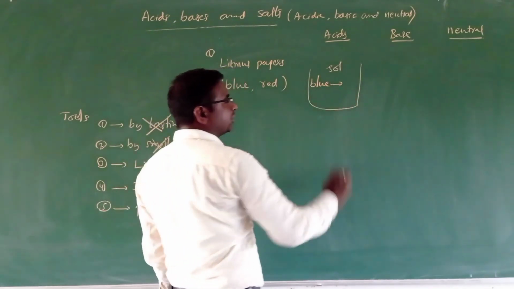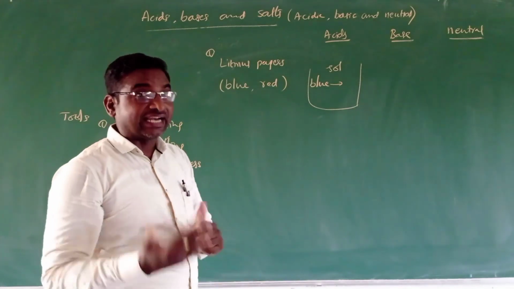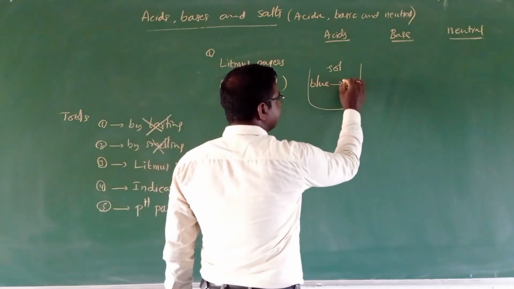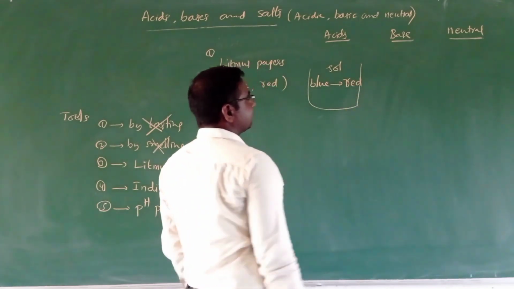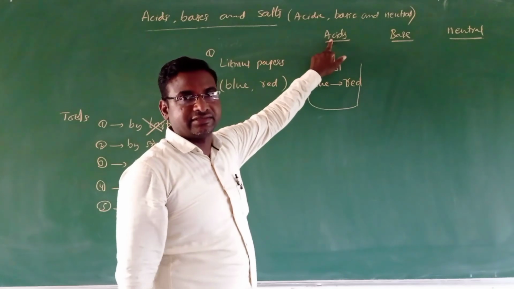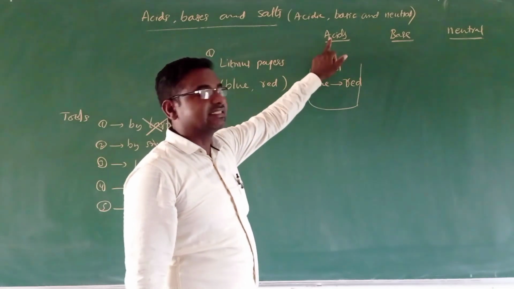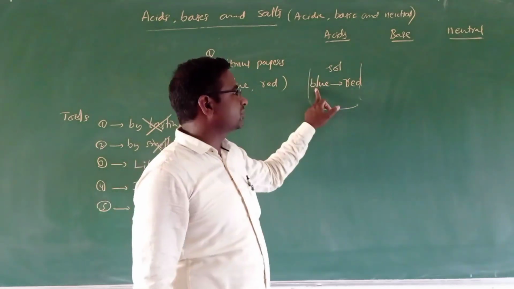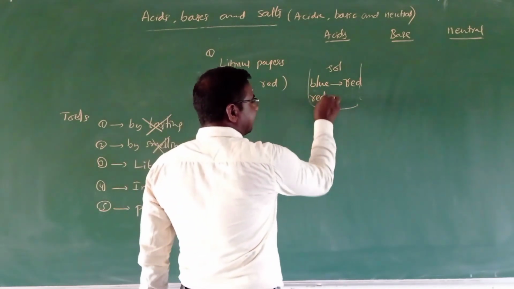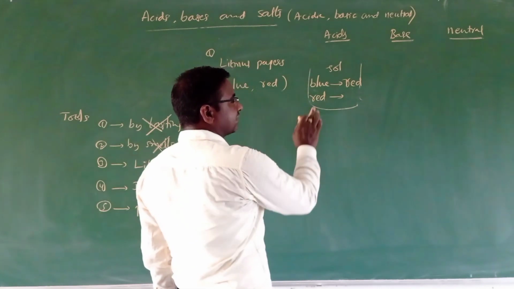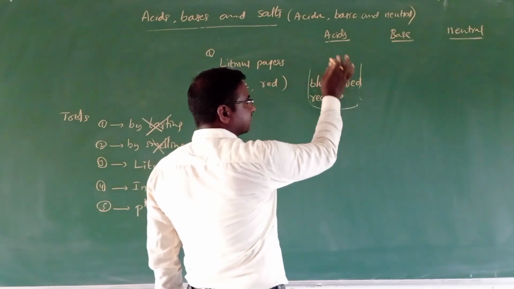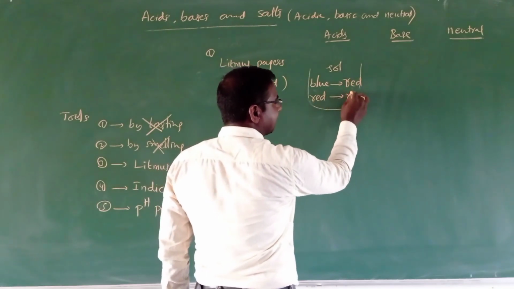If that blue litmus paper turns red, then this solution is acid, meaning this solution has acidic nature. If you test with red litmus paper, it won't turn blue, it remains red only.